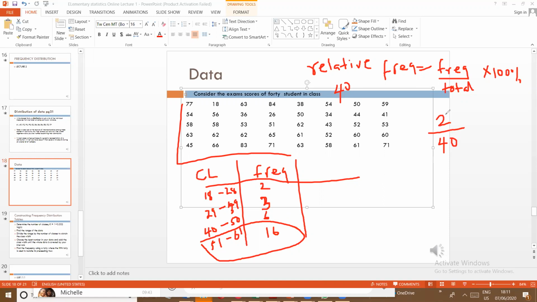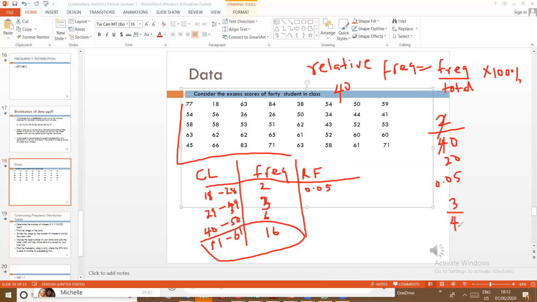Let's do that calculation. 2 goes here, you get 20, which is 0.05. So the relative frequency is going to be 0.05.